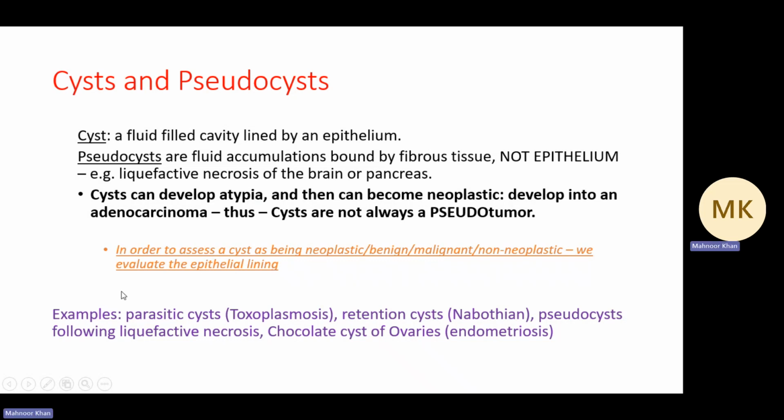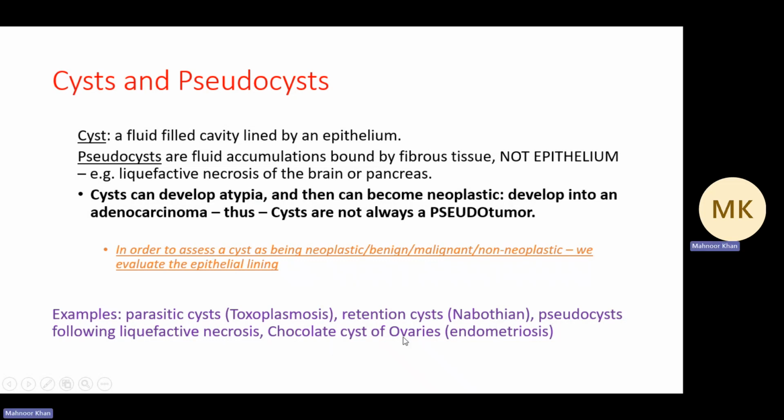Okay, so in each group, you need to give some examples so your examiner gets to know that you know what you're talking about. So what are some examples of cyst? Well, we can talk about parasitic cysts, for example, due to Toxoplasma gondii in the brain. Then retention cysts, Nabothian cysts in the cervix.